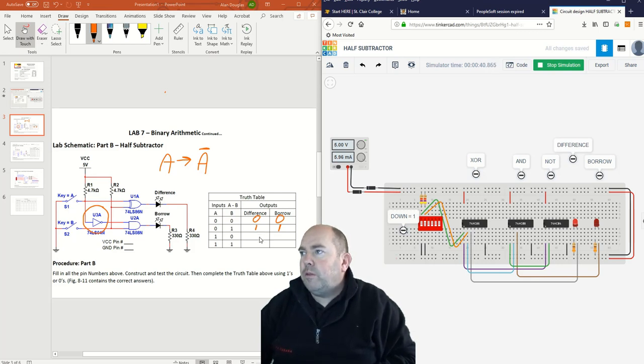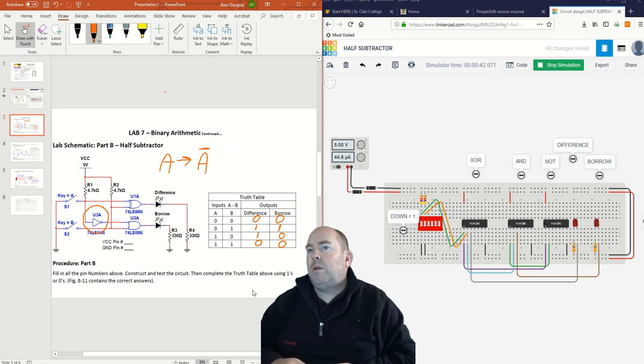So that's the 1 and the 0. That gives us a difference, but no borrow. And 1, 1 gives us no difference and no borrow. Alright, that's our truth table for that one.